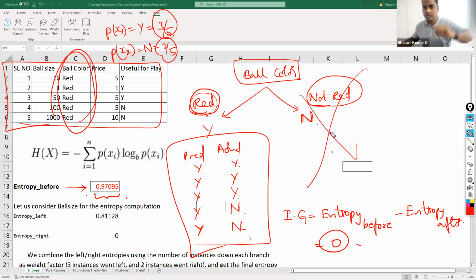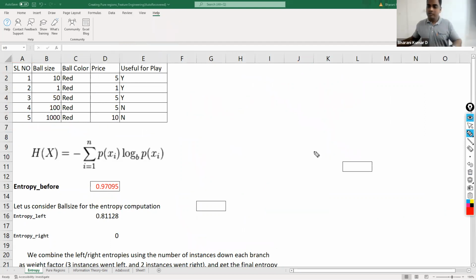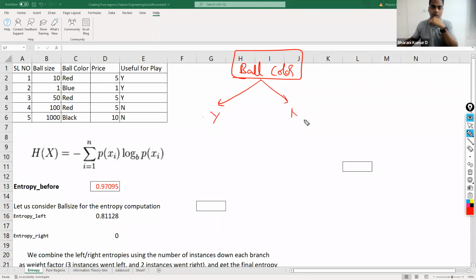Now going back to your question. Our friend is saying, this part I understand, but what if we have blue color and what if we have black color? Now we have 3 classes here in ball color. Yes and no is what I need to classify, but then I have red, blue and black.